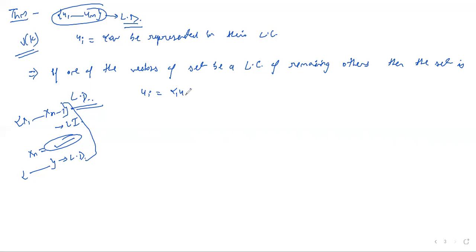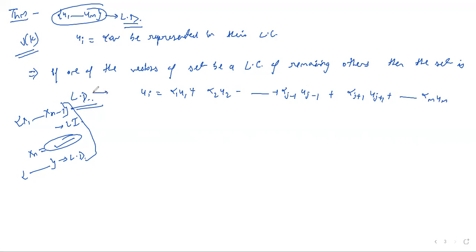Let's say u_j = alpha 1 u1 + alpha 2 u2 + ... + alpha (j-1) u(j-1) + alpha (j+1) u(j+1) + ... + alpha m um.